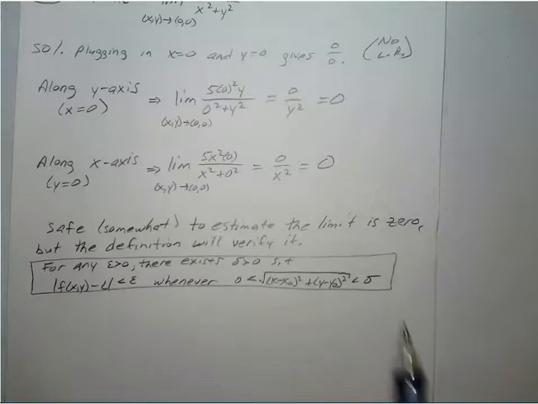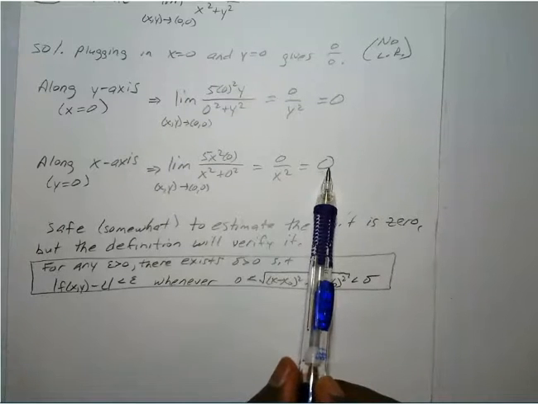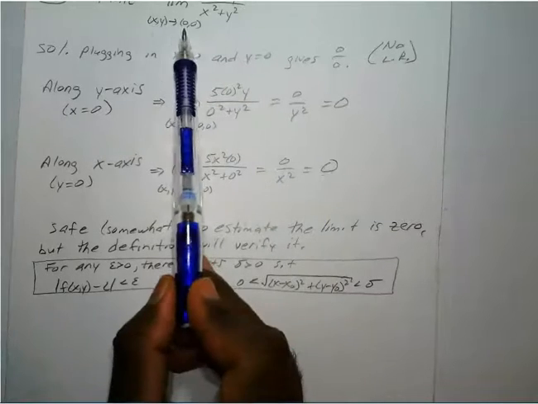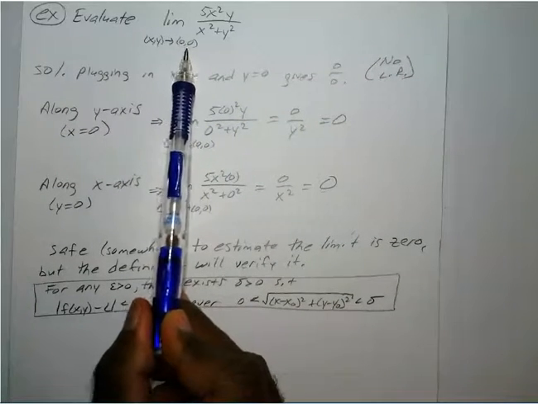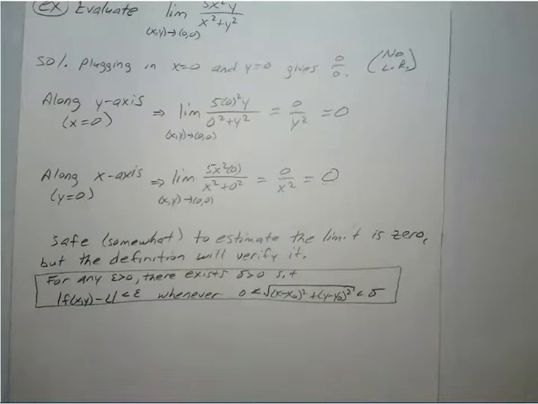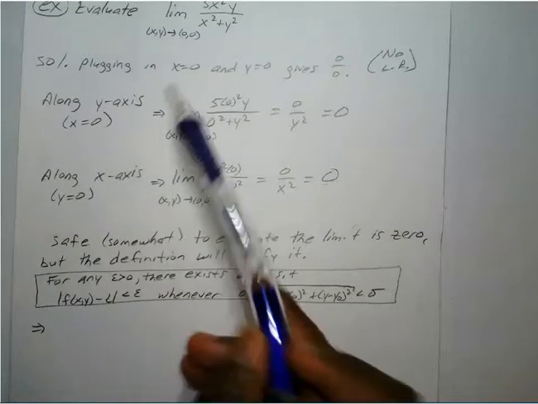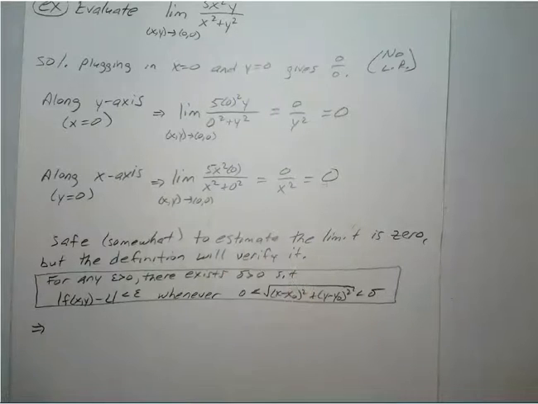Okay, now we want to prove that the limit of 0 is true. We have our x0 and y0. So if we plug this in, our f of x, y is just 5x squared y over x squared plus y squared.